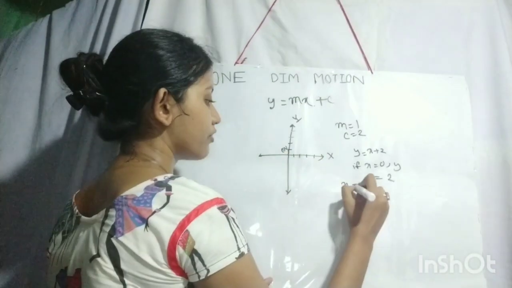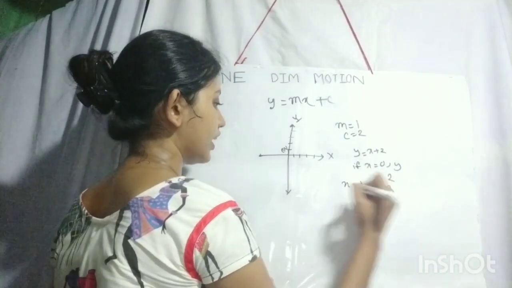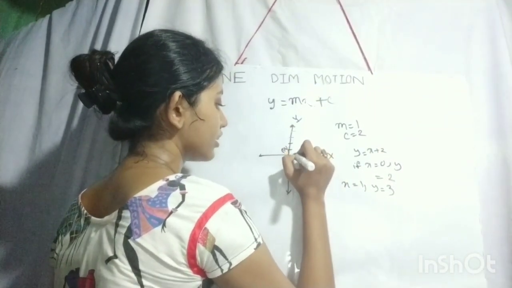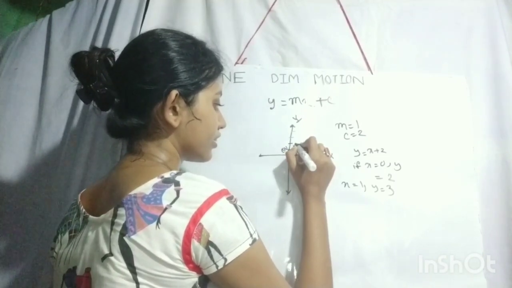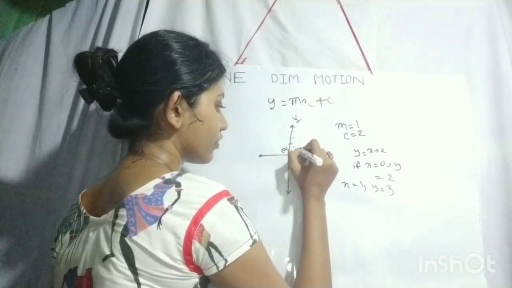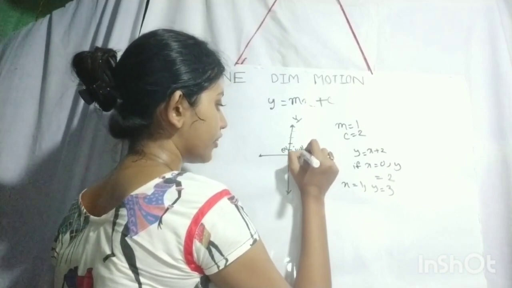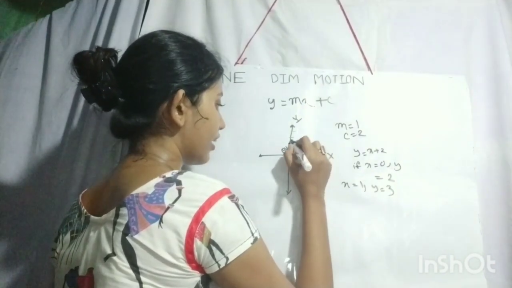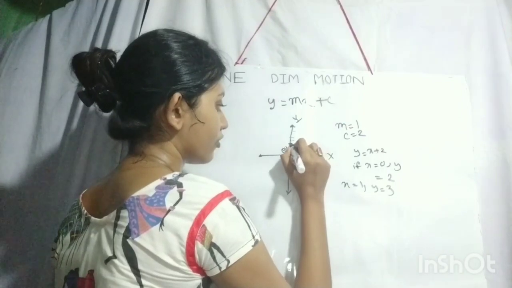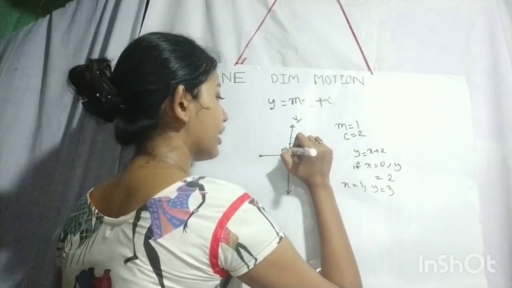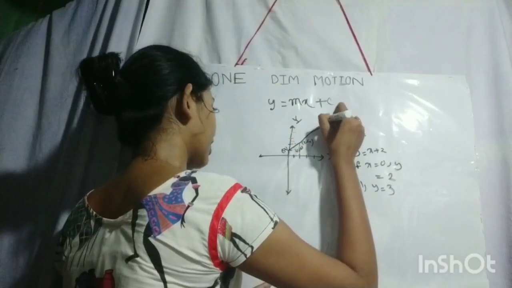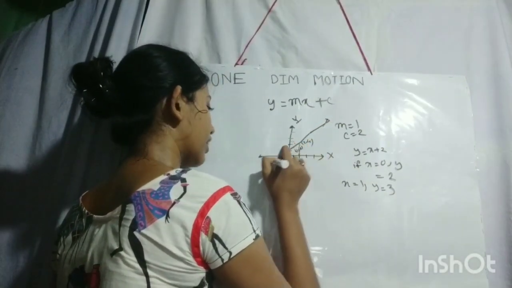If x equals 1, y equals 3. So this is 1, 3. If x equals 2, then I have 4. So 2, 4, and so on. If I join all these points, then I will get the line.